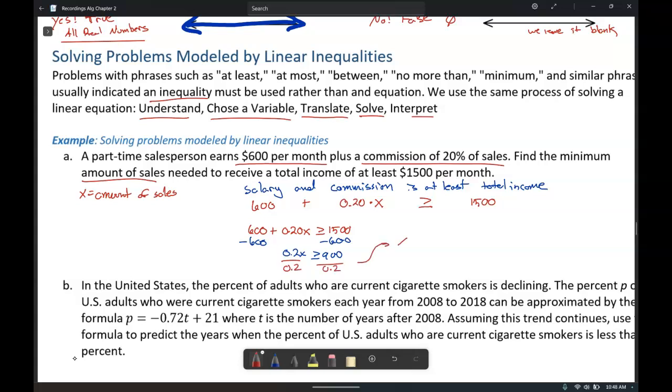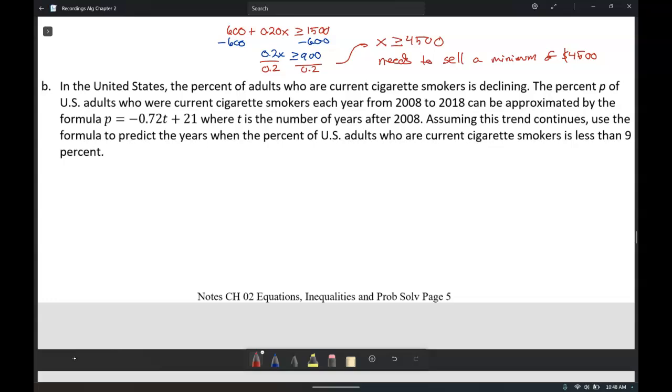And we get that x must be greater than or equal to $4,500. And then we need to interpret this answer. She needs to sell a minimum of $4,500 of merchandise.